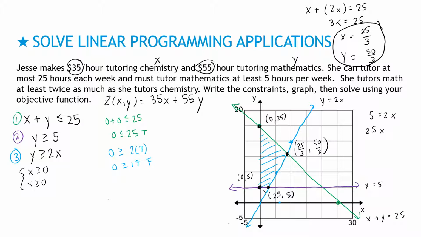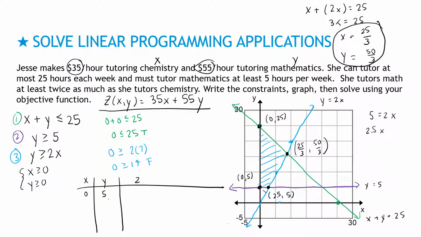So my last point is 25 thirds, comma, 50 thirds. Usually I try to be nicer and give you nice points, but apparently I was in a mean mood when I made this question. So again, what am I going to do? I'm going to plug in my points. x and y is 0, 5, 0, 25, 2.5, 5, or 25 thirds, comma, 50 thirds.